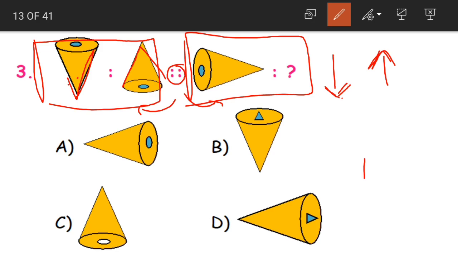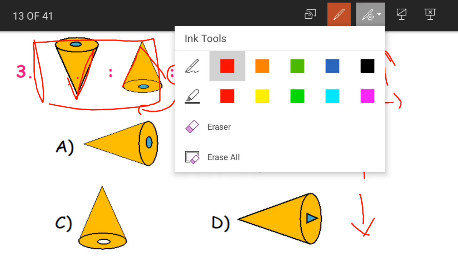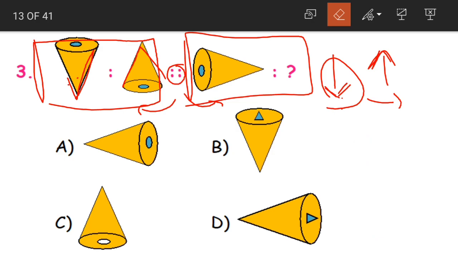Yes, what is the opposite of up? The opposite of up is down. What is the opposite of down? The opposite of down is up. So what is the relation here now? The relationship is that the given pair is facing in opposite directions.